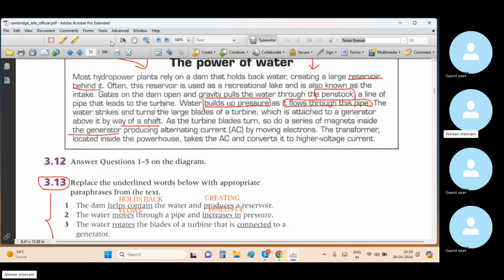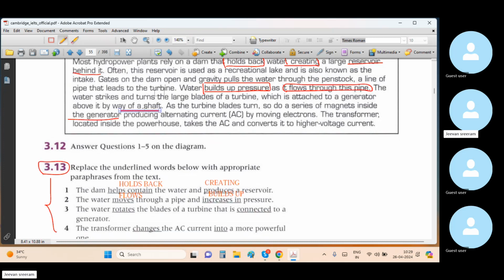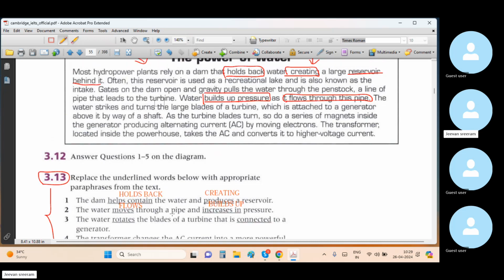Okay. So we have holds back, creating, flows through, builds up. Yeah. Next. The water rotates the blades. Water strikes and turns the large blades.